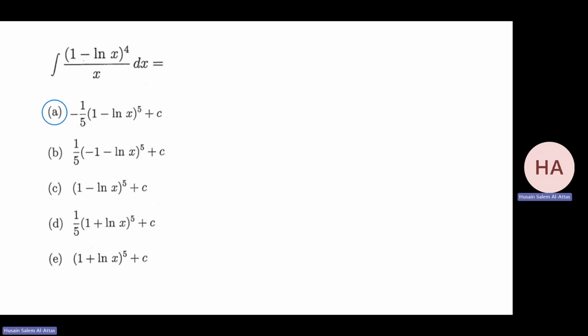Okay, let me do some more problems, then I will stop. I let u equal 1 minus ln x. What will be du? Minus dx over x. So I need a minus sign here, and I put it also outside.